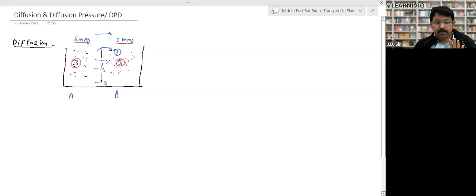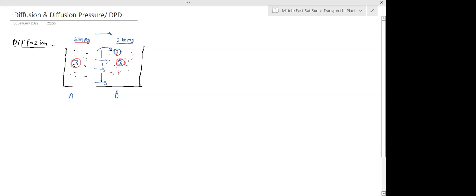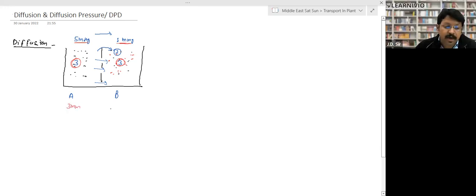Clear? So when at both ends the pressure becomes equal, like 3 mmHg here and 3 mmHg here, then we will call this the equilibrium state. At this equilibrium state, the diffusion will stop, right? So now the 1 mmHg must become 3 mmHg. So how much is deficient over here? The deficiency is 2 mmHg, right?